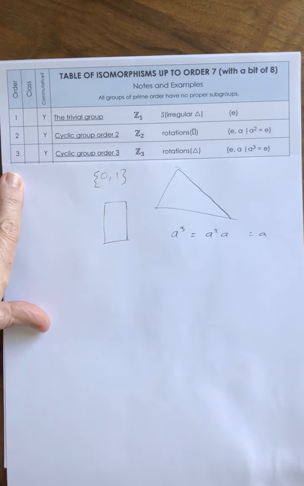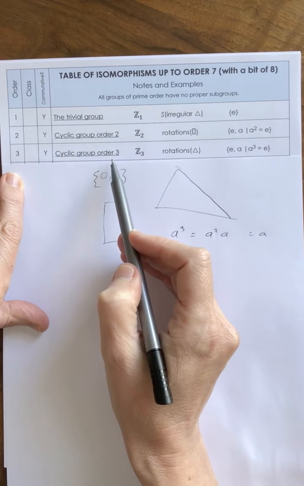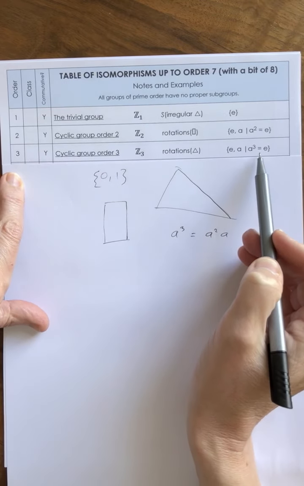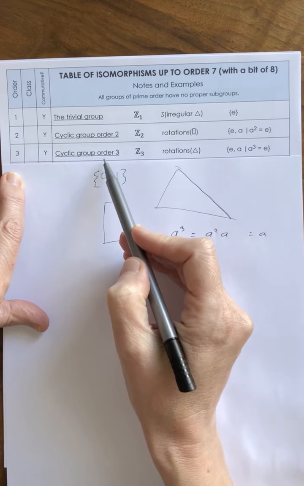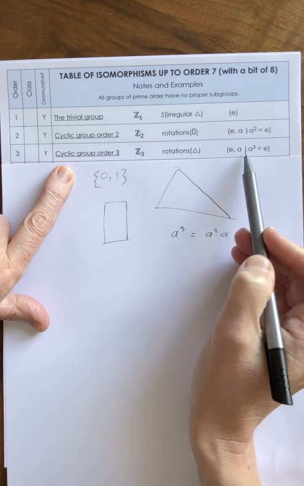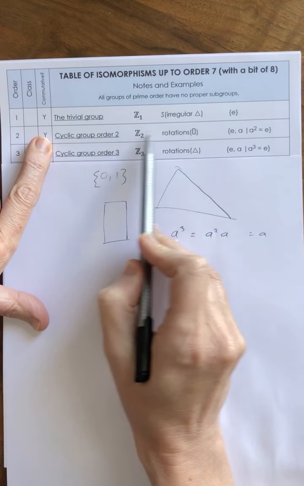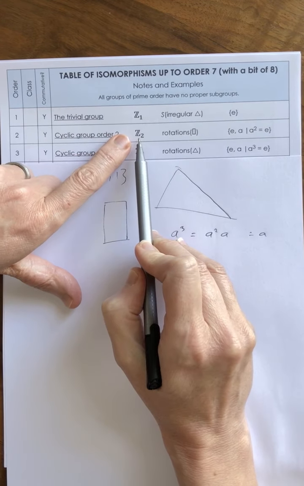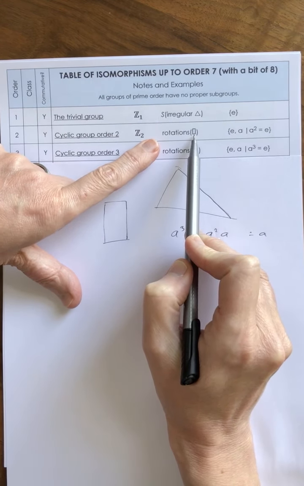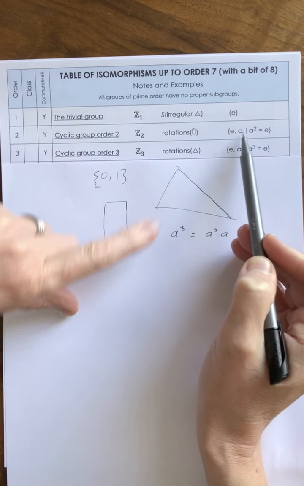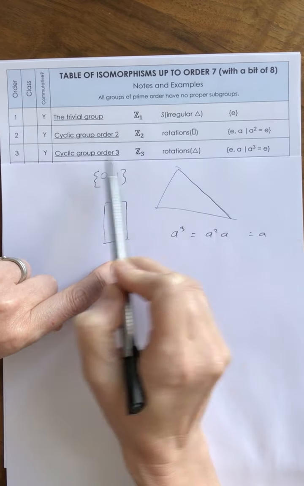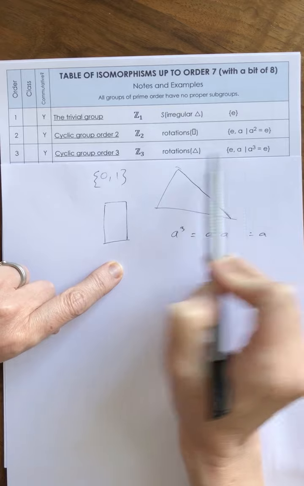Similar with groups of order 3, there is just one set there. These are all isomorphic to each other. So Z2 is isomorphic to the rotations of the rectangle, which is isomorphic to this group here. Again, all of these are isomorphic.